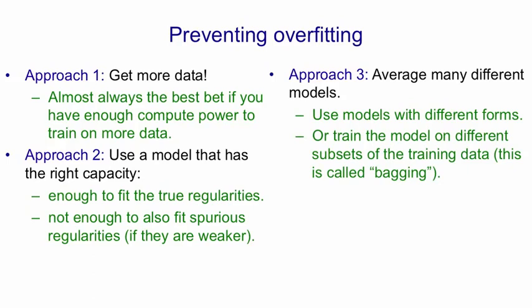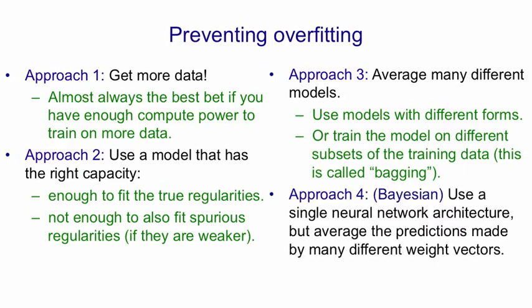There are also other ways to mess with the training data to make the models as different as possible. And the fourth approach, which is the Bayesian approach, is to use a single neural network architecture, but to find many different sets of weights that do a good job of predicting the output. And then on test data, you average the predictions made by all those different weight vectors.